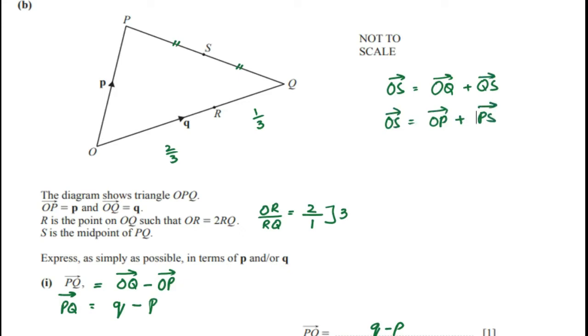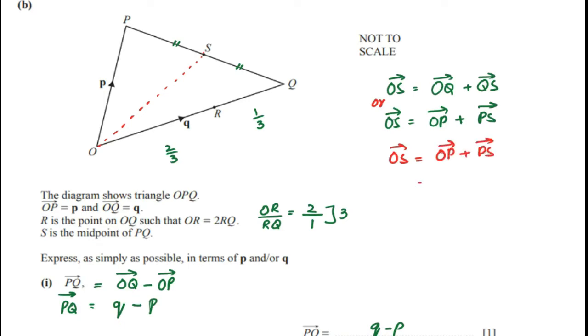If we join these two, O and S, you can take either OQS triangle or OPS triangle. So both are correct. When we apply triangular law, we have OS is equal to OQ plus QS, or OS is equal to OP plus PS. So you can use any one from here. If you use the second one, OS is equal to OP plus PS.